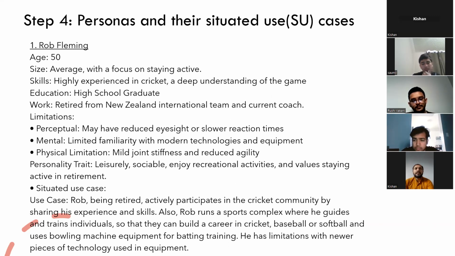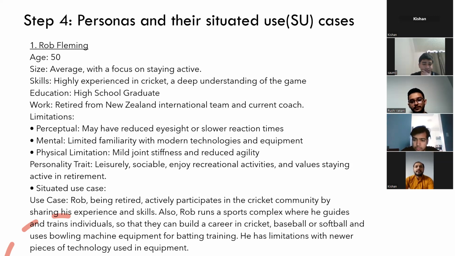For this project, we use some personas and their situated cases. For personas, we chose the first as Rob Fleming, and he's highly experienced in cricket. He retired from the New Zealand international team, and is working as a coach right now.